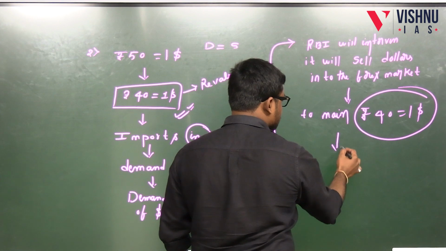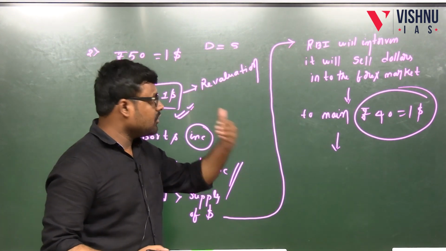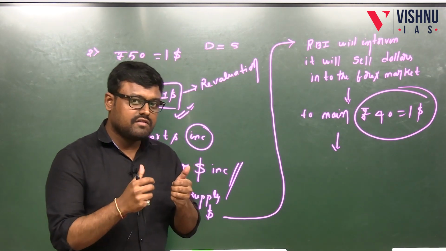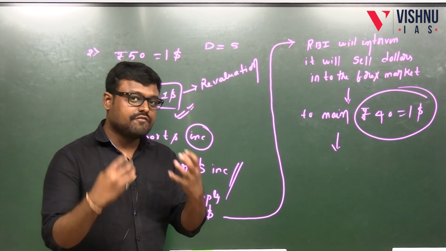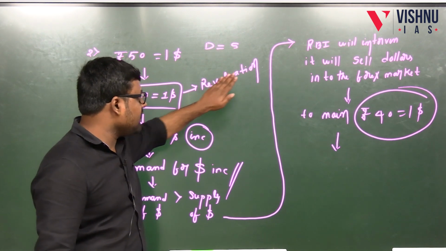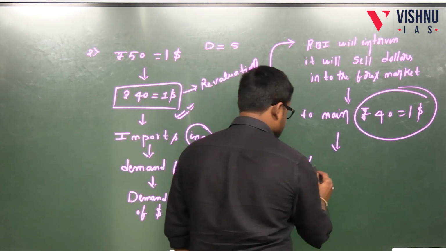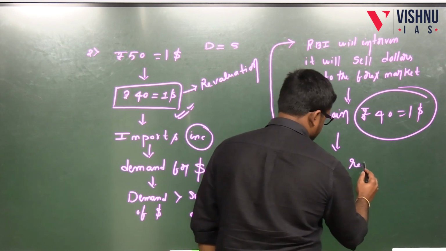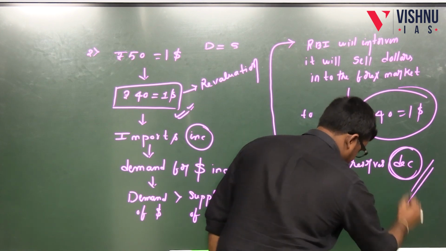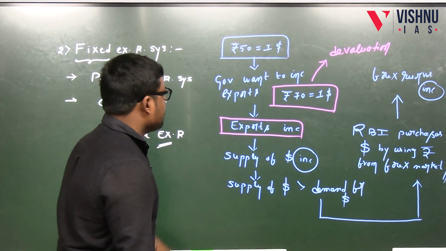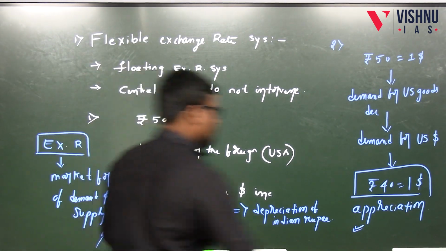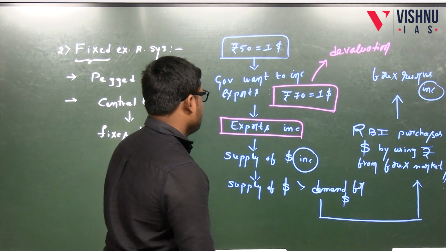So when RBI sells the dollars for rupees, the foreign currency held by the RBI decreases. That means the forex reserves with the RBI decrease. So when the case is a revaluation, the forex reserves decrease.